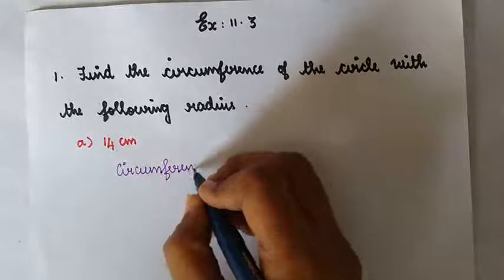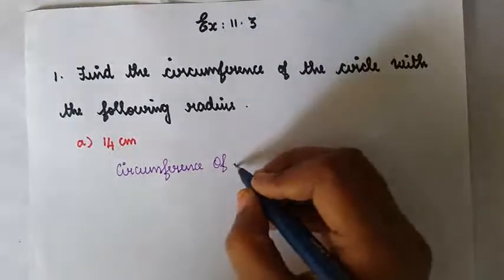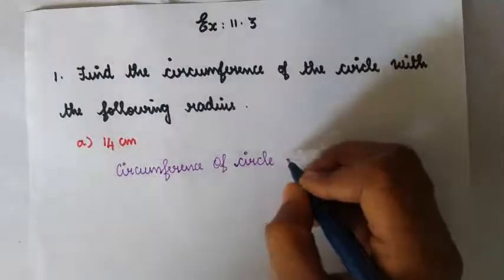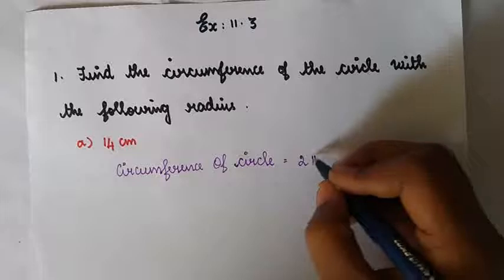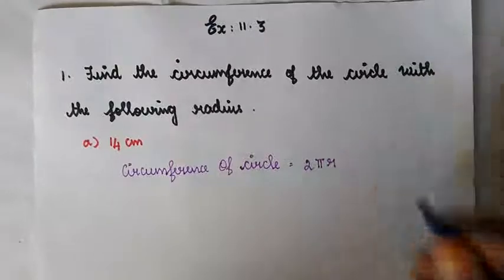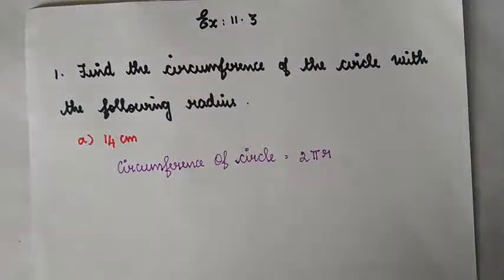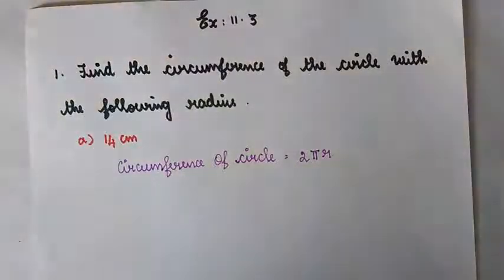Circumference of circle is, what is the formula for circumference of circle? It is nothing but 2 pi r. Already you learned. Circumference of circle is 2 pi r. We have to substitute the given values to find the circumference of circle.